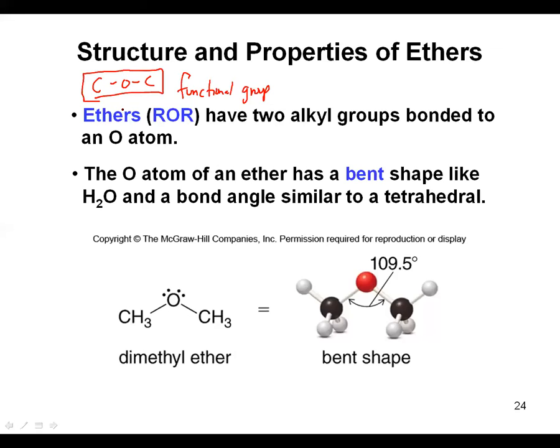Because of it, it typically has the bent or V-shaped geometry, as we can see here, because these oxygens will have non-bonding electrons. We have 4 electron pairs and 2 bonds, and that gives us our bent, V-shaped geometry, with a bond angle of about 109.5 degrees. So much like water, these ethers will typically have that bent or V-shaped geometry associated with them.